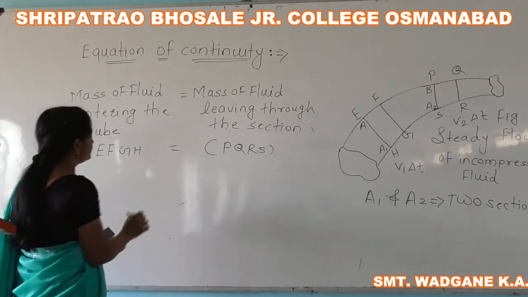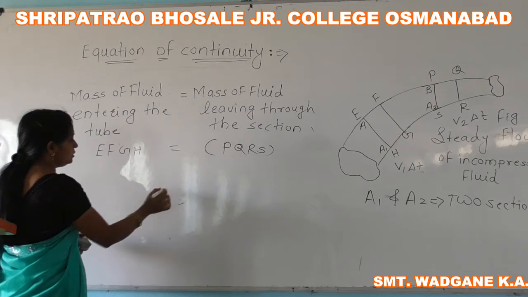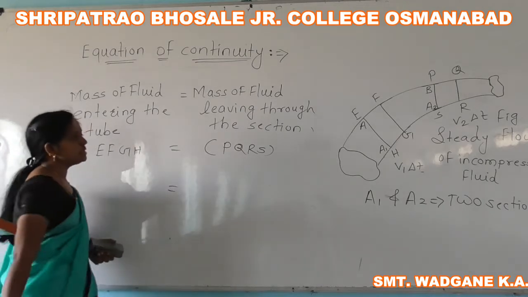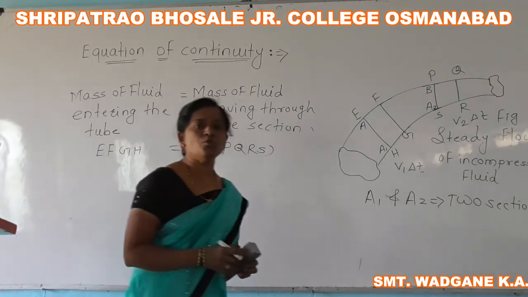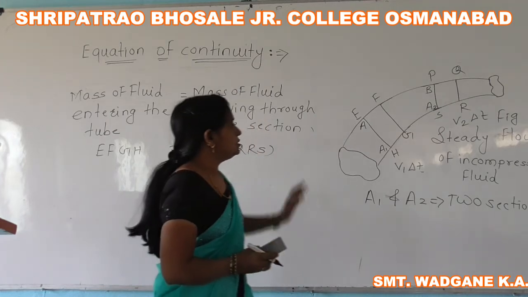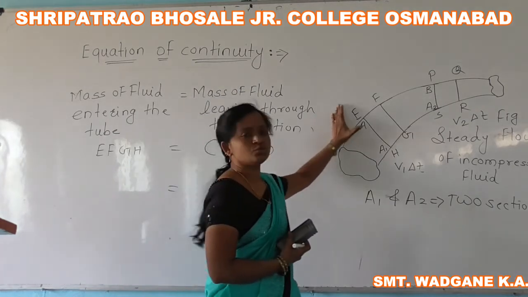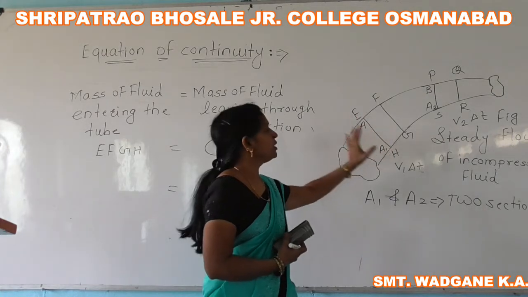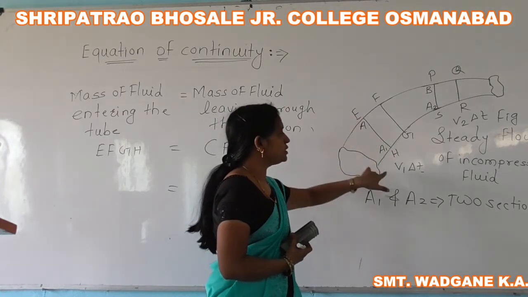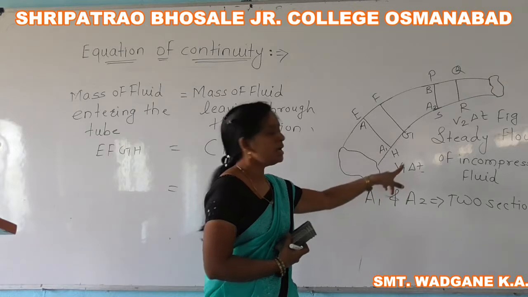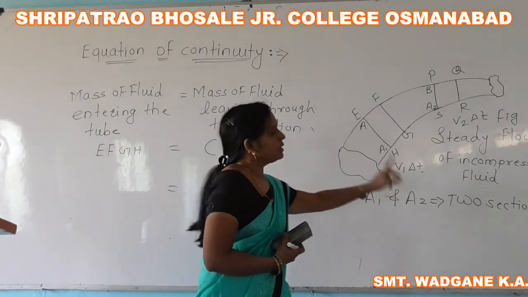Let us consider the mass of fluid crossing through section A1, that is EFGH, having velocity V1 in time delta t.